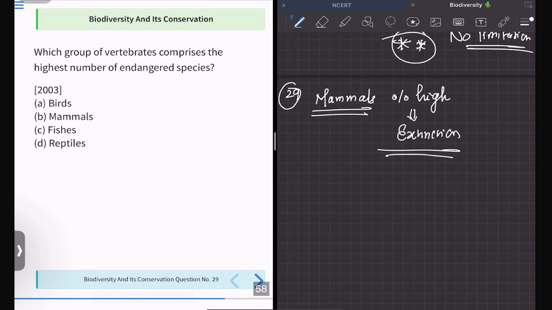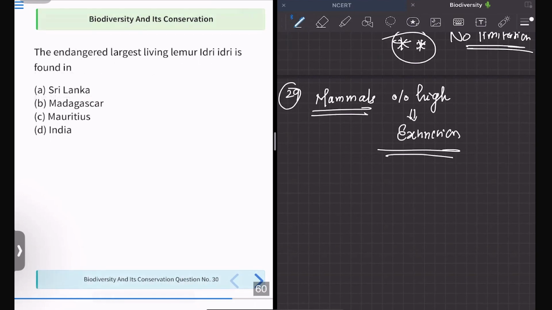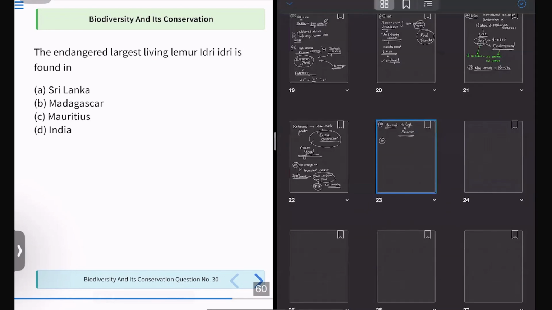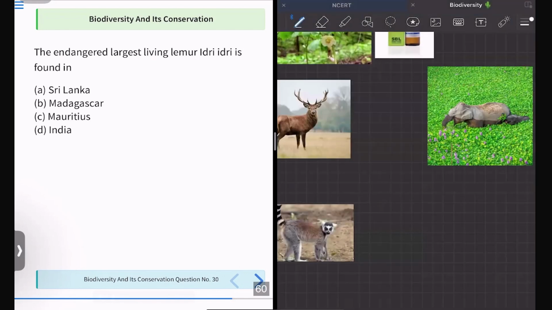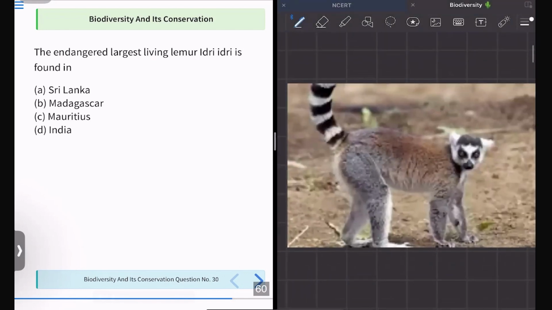So the correct answer is going to be option B. Okay, let us move to question number 30. In question number 30, they are asking where the endangered largest living lemur, Dree, is found. If you know what a lemur Dree is, then you will definitely be able to answer this question. For you to remember what a lemur Dree is, I have got a photo, and if you see this, you are going to answer it on your own.